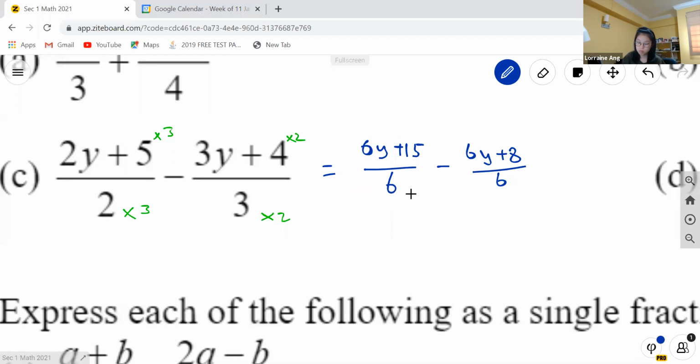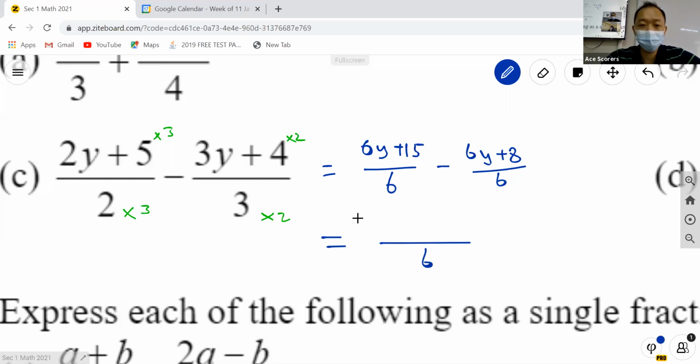Once the denominator is the same, you can combine the numerator. Okay, but there's a bit of a problem here because it's a minus. So this minus, right, I have the rainbow inside. So I will end up with 6y plus 15, take away 6y, take away 8.